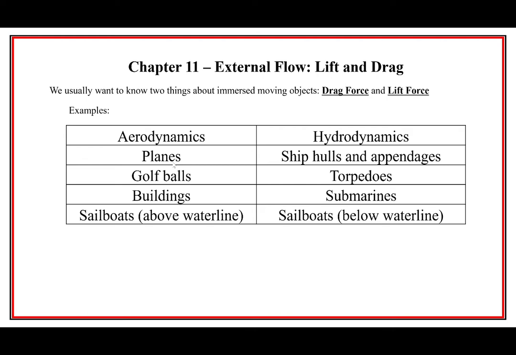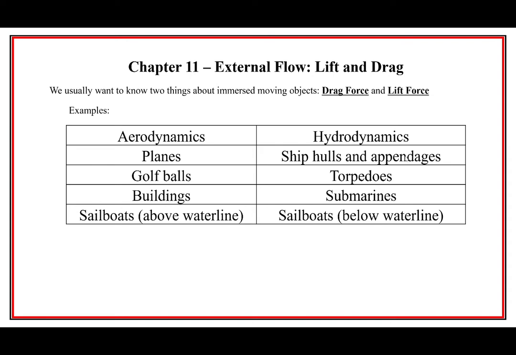In aerodynamics, we do airplanes and golf balls and buildings and sailboats above the waterline. We're also concerned with hydrodynamics, which also mostly affects drag, but there are some instances where we will have lift in hydrodynamics, like hydroplanes, which have appendages below the waterline.